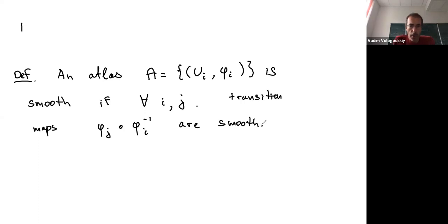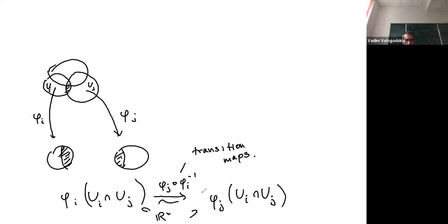Actually, first of all, I should say what I mean by a smooth map. As I explained, this is a homeomorphism between open subsets in Rn.